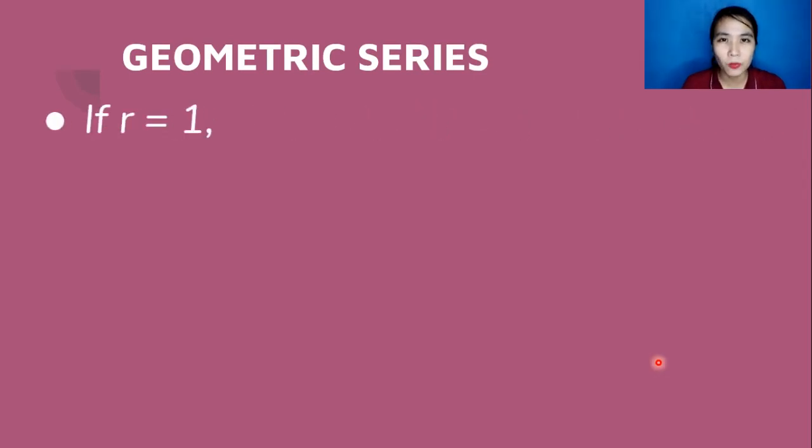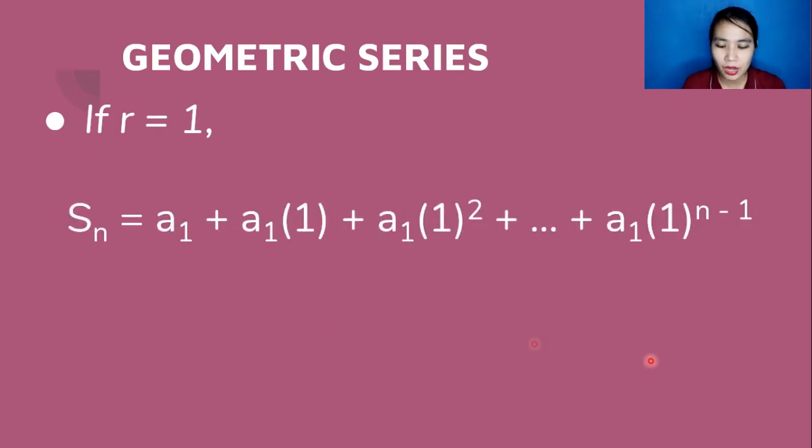If r equals 1, then our sum will be S sub n equals a sub 1 plus a sub 1 times 1, 1 refers to our r, plus a sub 1 times 1 squared, plus so on and so forth, plus a sub 1 times 1 raised to n minus 1.